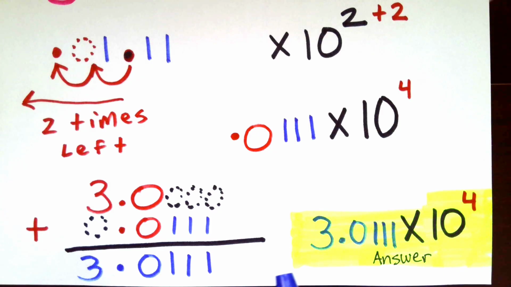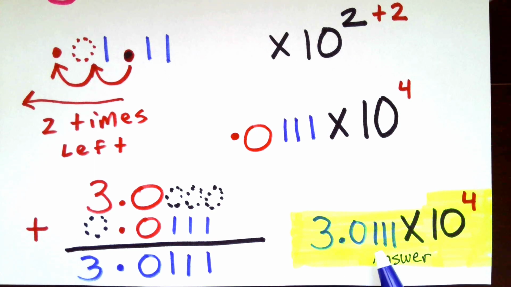My new coefficient after adding is 3.0111 times 10 to the 4th power. That's my answer, but before you can claim this is your answer, you have to ask the question. Is this a number between 1.0 and 9.99? Yes, it is.